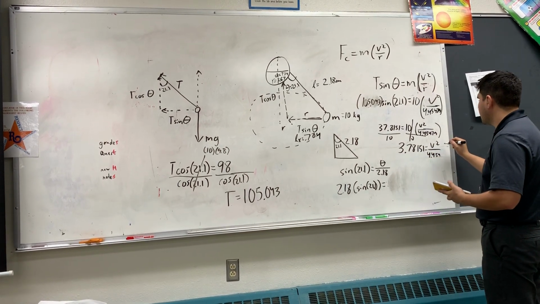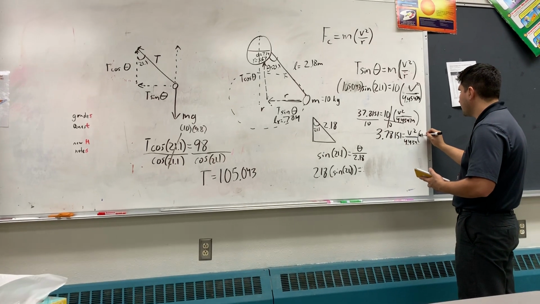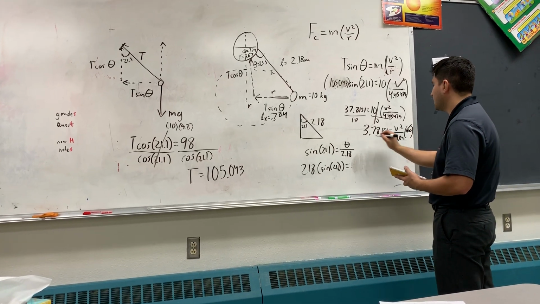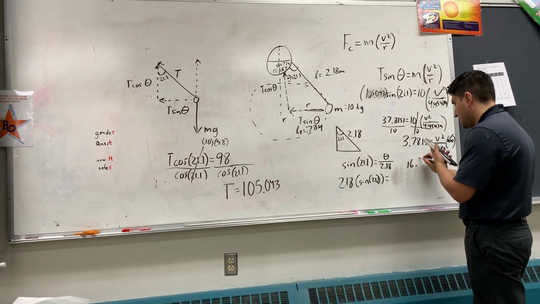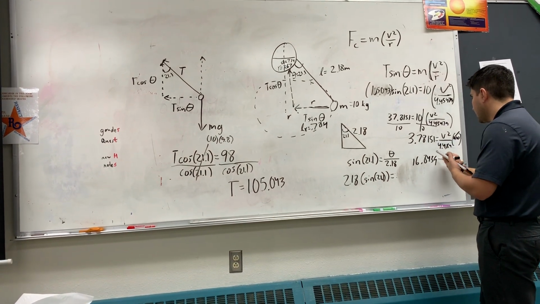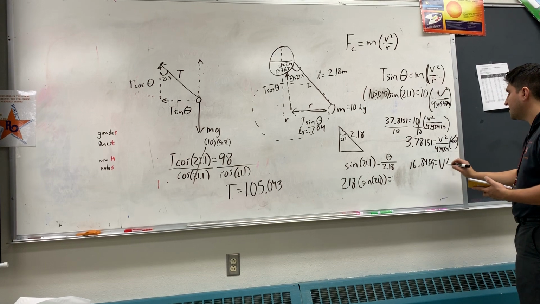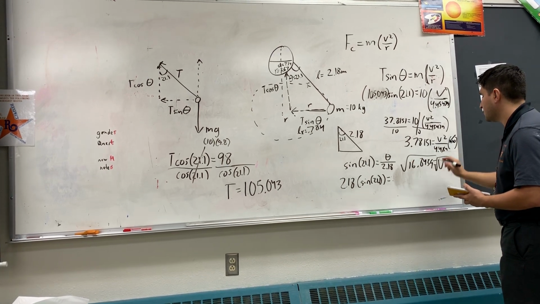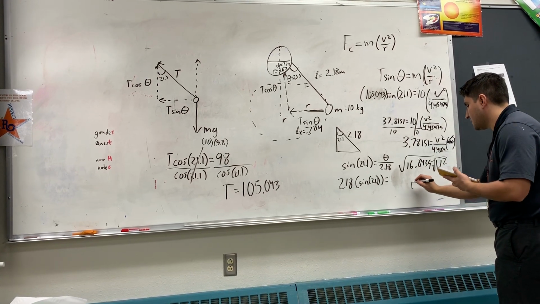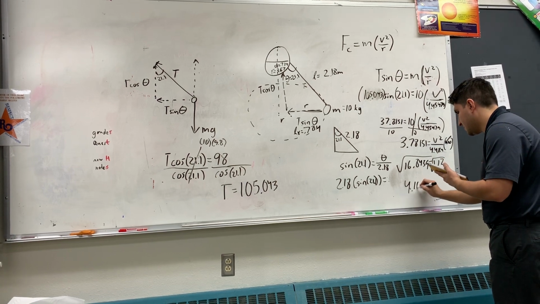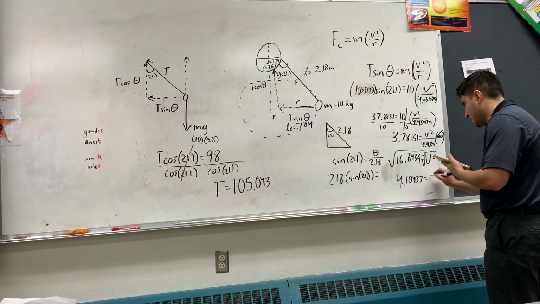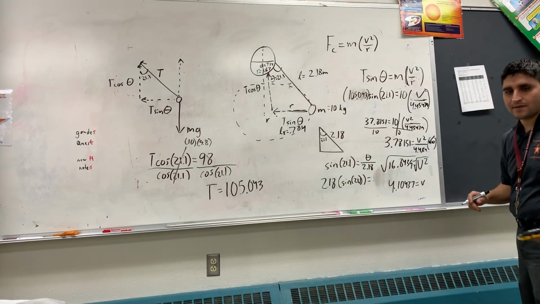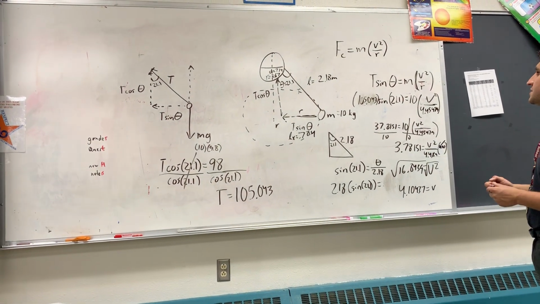So once I multiply there, 4.45, multiply the same thing over here, I got 16.8459 equals v squared. Take the square root, and 4.10437 equals my velocity.